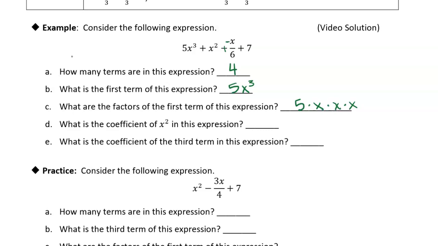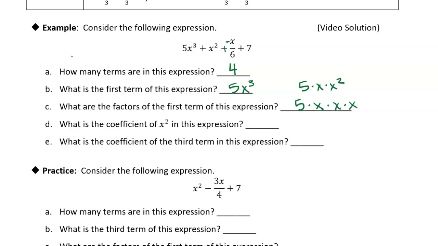Now, there are other ways we could break this down into factors. We could call this 5 times x squared. So x squared is also a factor of 5x cubed. But these are what we'd consider maybe prime factors of that first term.